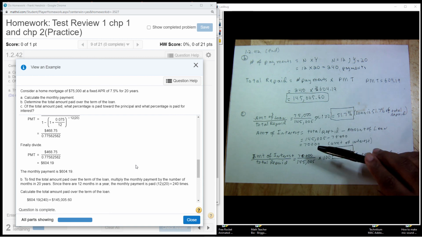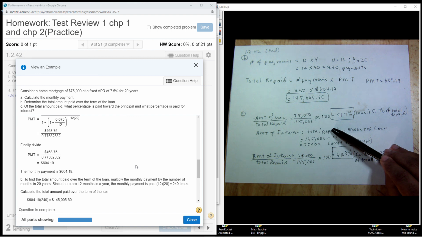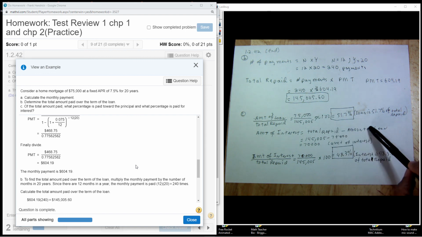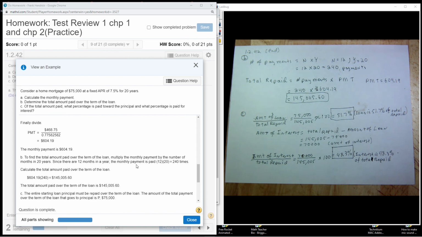The amount of interest is going to be the total amount repaid minus the amount of the loan. So the difference of that is $70,000. That is the amount of the interest. So when we divide that out and multiply it by 100, we get 48.3%. What that tells us is that the interest is 48.3% of the total repaid. It's almost like you're buying 2 houses.